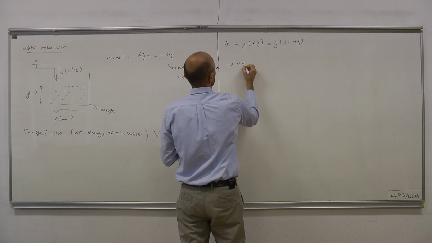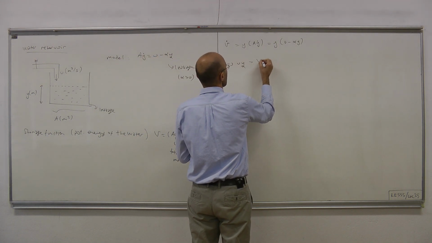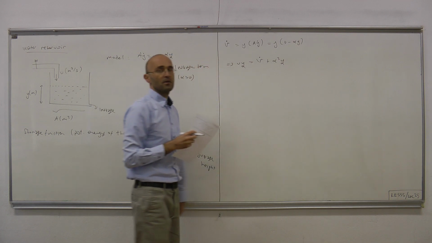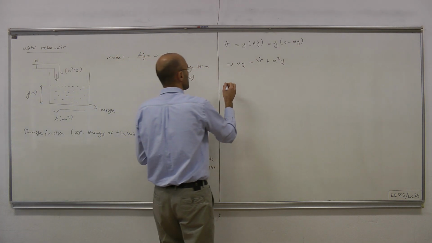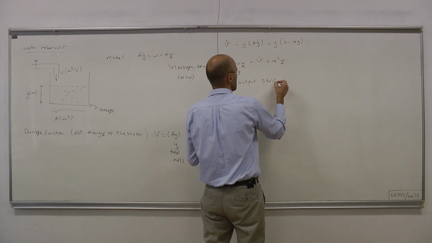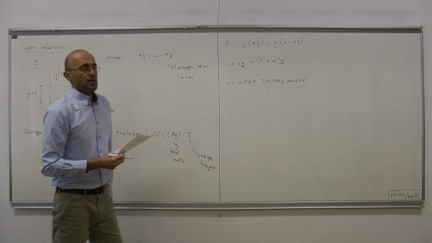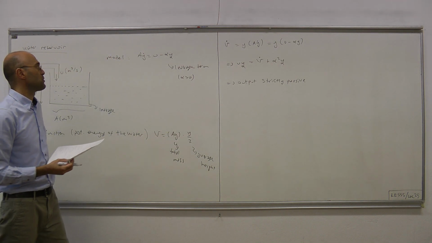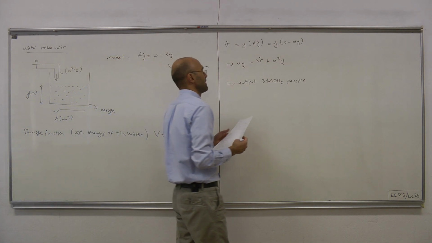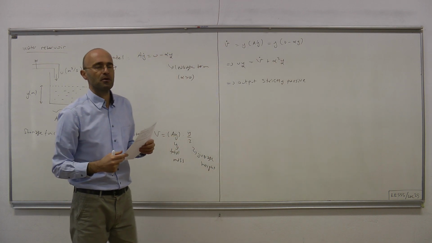Therefore, the product of input and output, u times y, equals V dot plus alpha y squared. Therefore, the system is output strictly passive. Incidentally, it's also strictly passive because the output is our only state variable. So it's not only output strictly passive but also strictly passive.